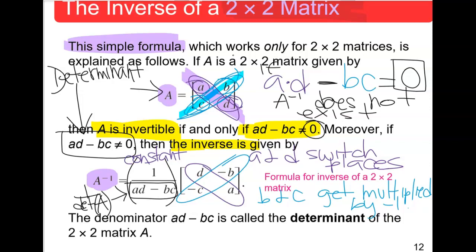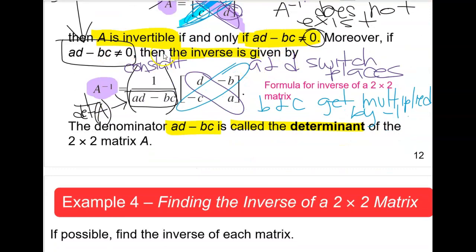So here again, AD minus BC is called the determinant. And so this formula only works for a 2 by 2.